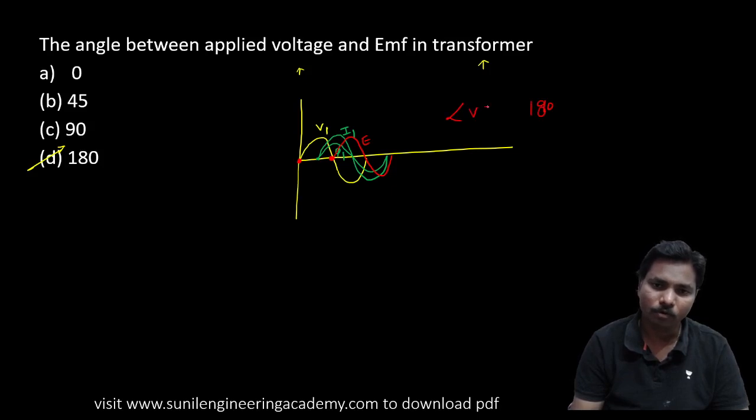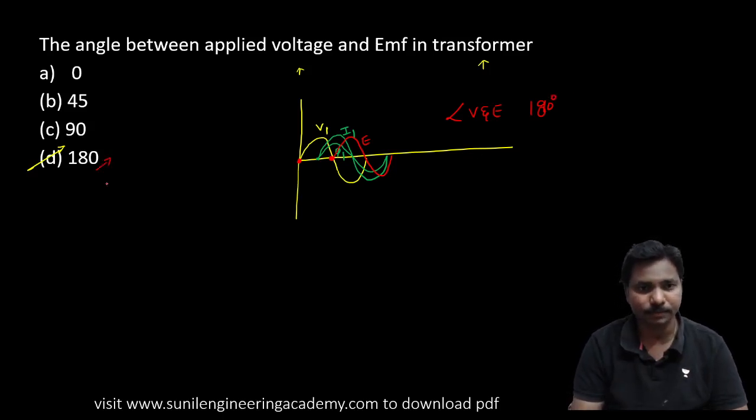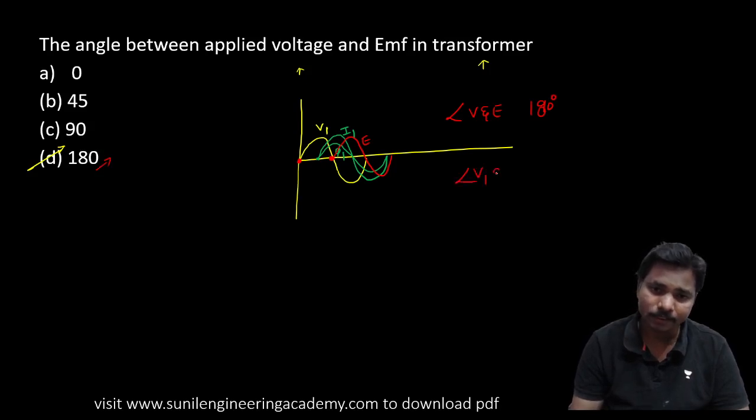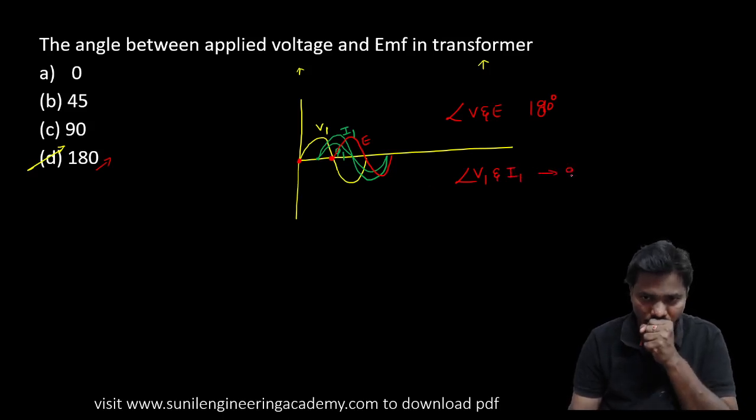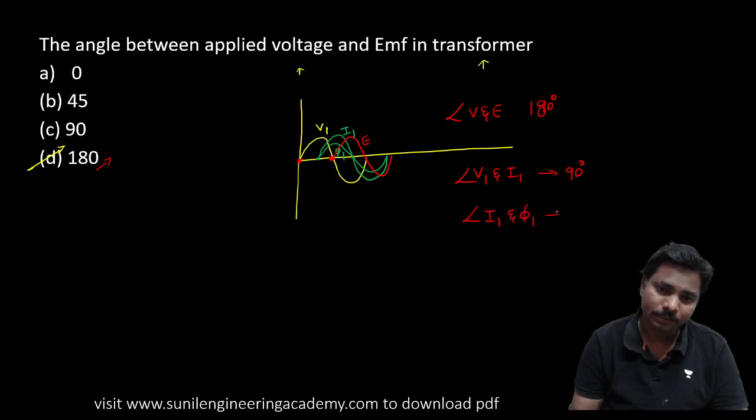Angle between voltage and EMF is 180 degrees. Answer is 180. In the same way, the angle between voltage and primary current is 90 degrees. Angle between current and flux is 0 degrees.